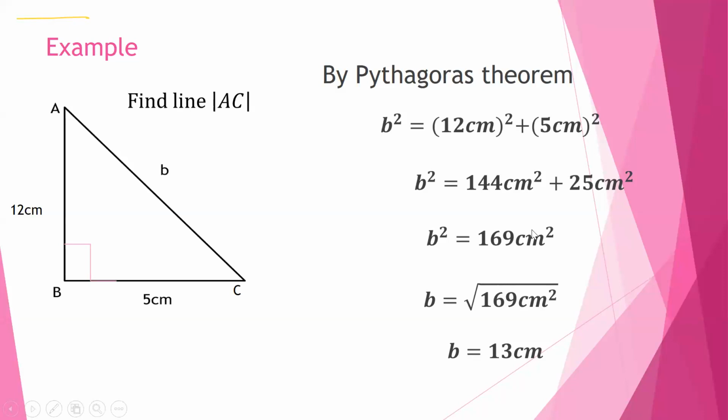Okay. And then which means therefore that finding the square root of B squared is equal to 169 centimeters squared. You can square root all of them, which comes to the next line, which makes B equal to the square root of 169. Yes, because you realize that the square root of 169 alone will give us 13.